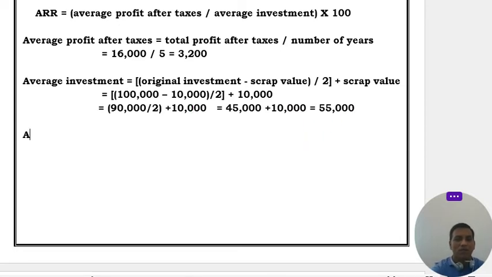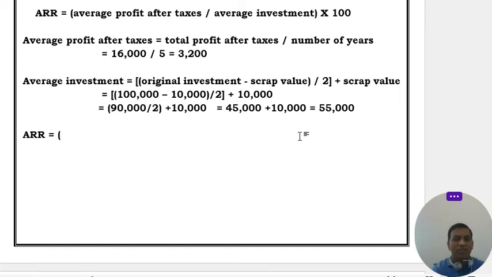So now, in order to calculate, the numerator average profit after taxes is ready. Denominator average investment is also ready. Now substitute the values in the formula.